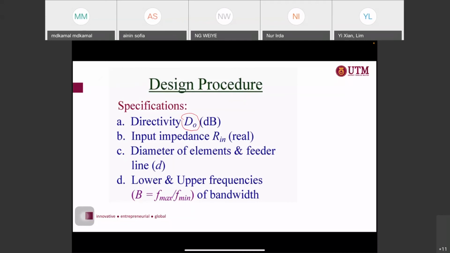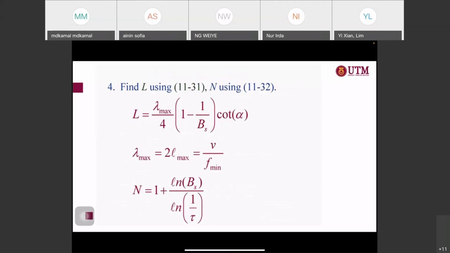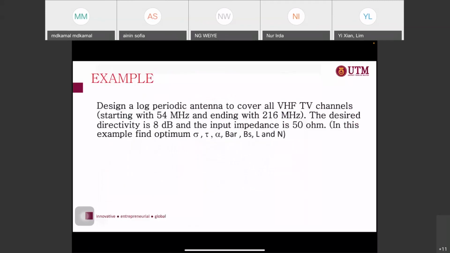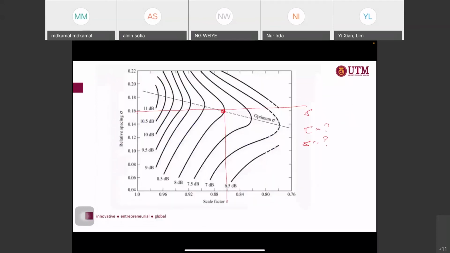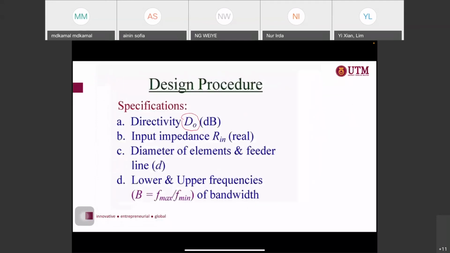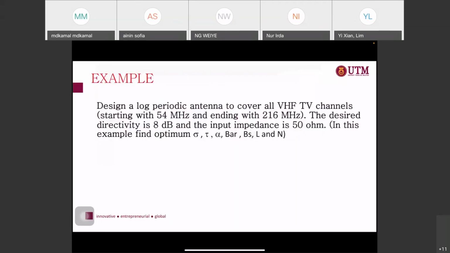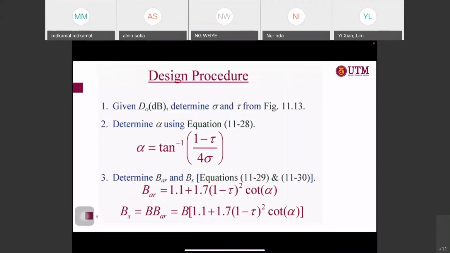From the graph there, you can get the value for your sigma as well as the other values just now. From this, you can find the tau as well as the sigma, the spacing factor, and tau here. And then from here, you can determine alpha.